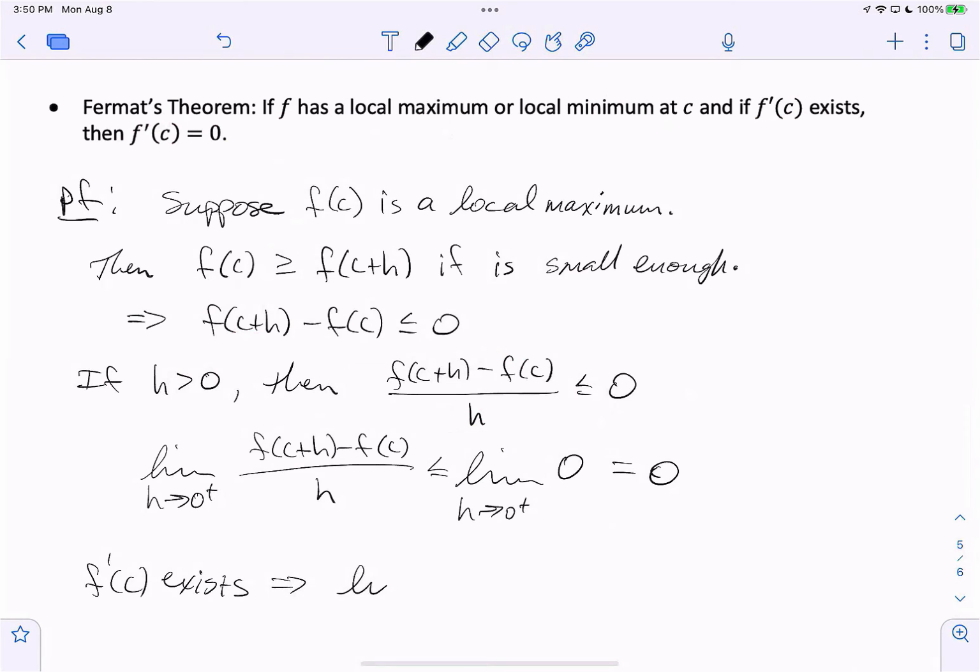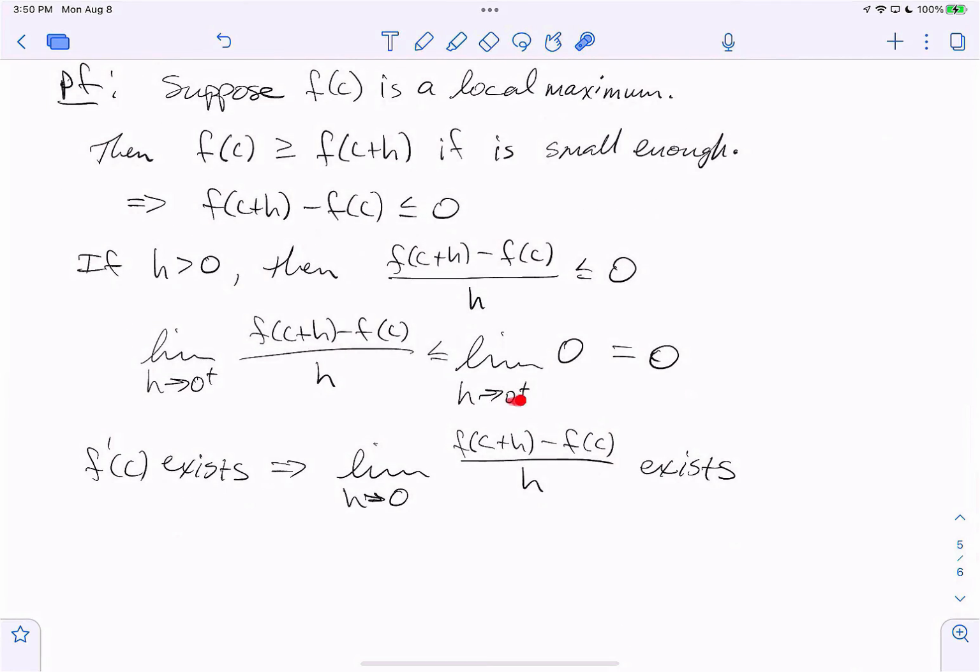Now in our statement, f prime of c exists. And that means that the limit as h approaches 0 of f of c plus h minus f of c over h exists, which means that the left-sided limit and the right-sided limit have the same value, which then means that the limit as h approaches 0 from the positive side of the difference quotient is the same as the limit as h approaches 0 from both sides of the difference quotient.